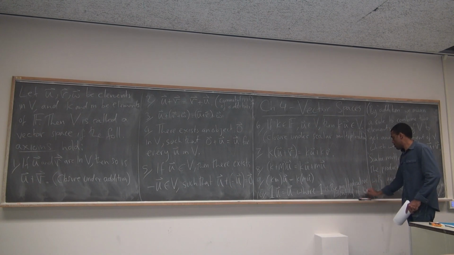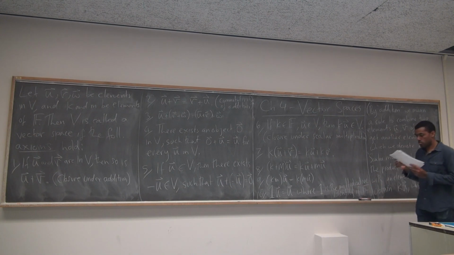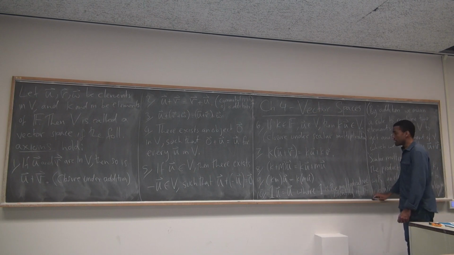Okay. Whew. Those 10 things make up what we call a vector space.